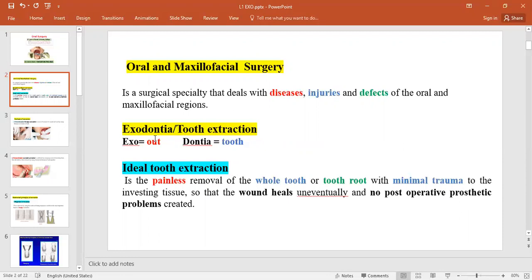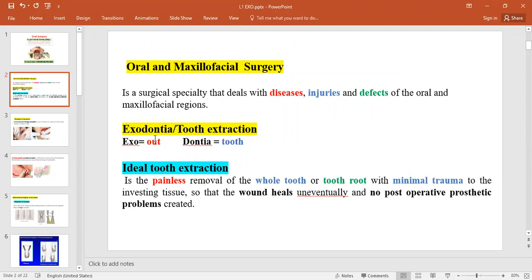It means painless extraction. Painless extraction is the first requirement, because otherwise the dentist or the surgeon must use the correct technique to secure anesthesia, so the patient does not feel any pain during tooth removal.